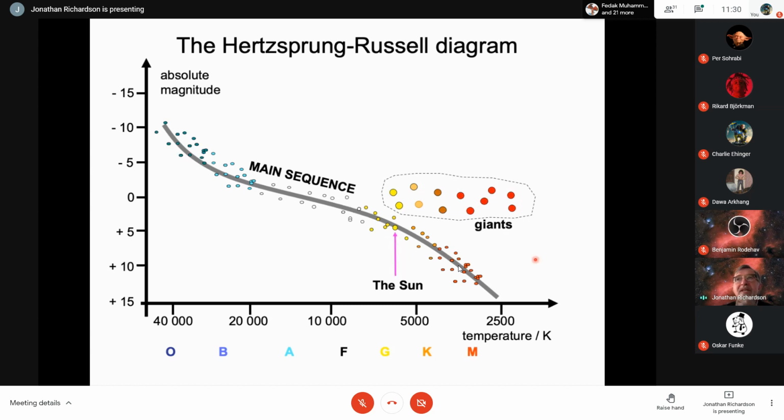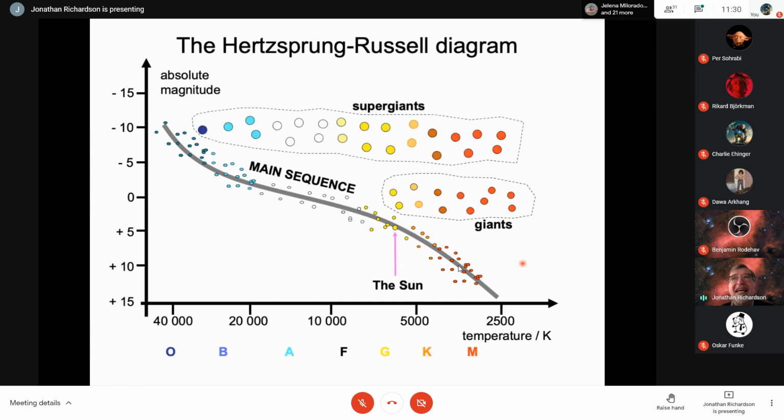Now, there are also some stars that will fit even further. And these stars, again, are what are called the supergiant stars. And the supergiants, similar to the giant stars, are just much, much bigger. And these stars tend to move from higher luminosity across the chart.